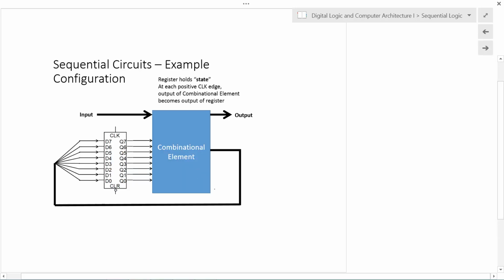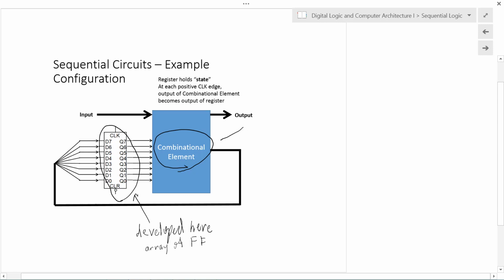Sequential circuits follow a general structure. They have a combinational component here, and then they have a register with some number of bits. This register was developed in this presentation earlier. It is merely an array of memory elements or an array of registers. We can call it an array of flip-flops.